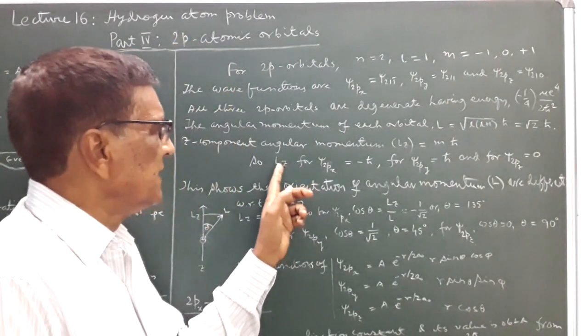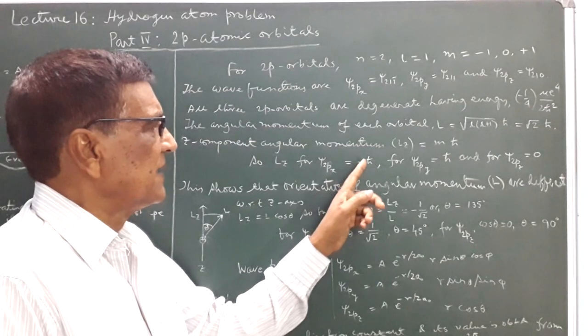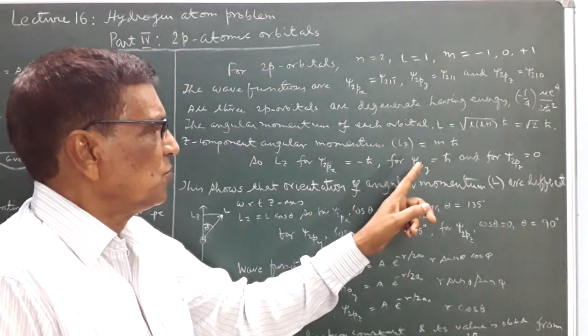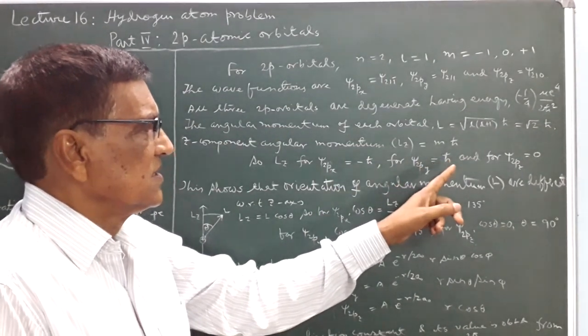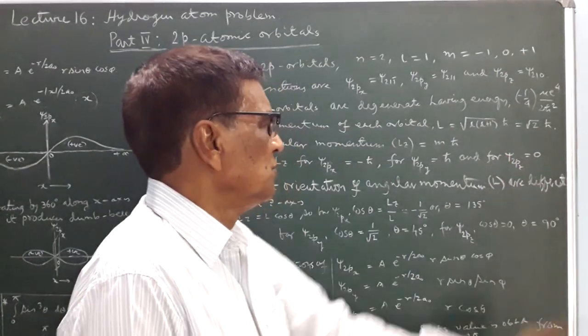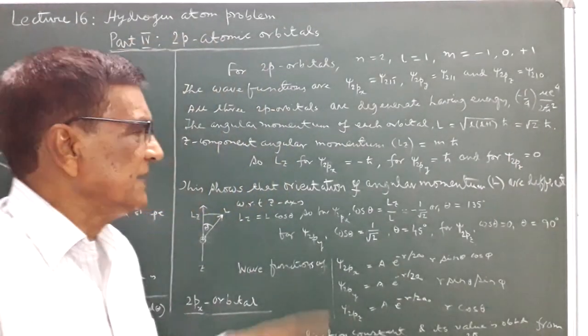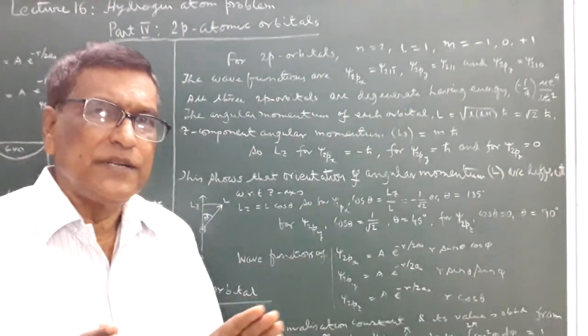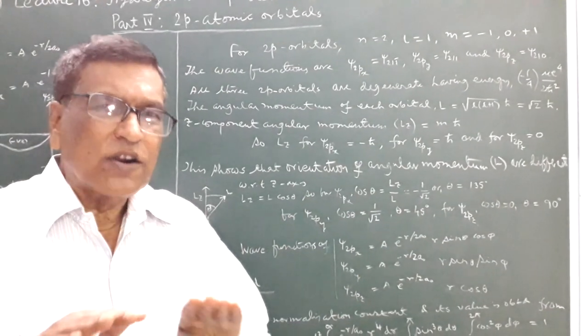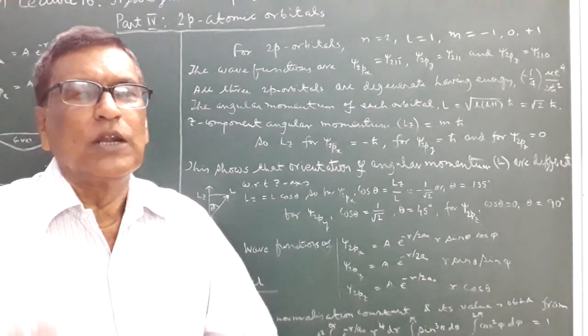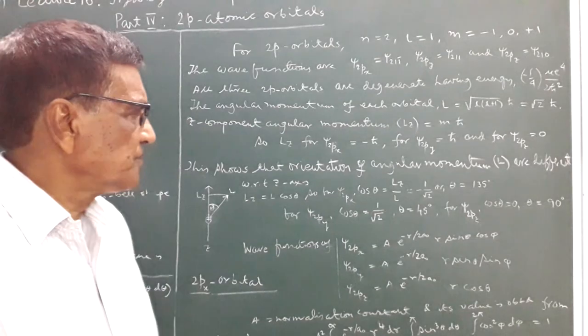Lz for 2px equals minus h cross, for 2py it is h cross, and for 2pz it equals 0. And we know this Lz determines the orientation or alignment of the angular momentum vector.